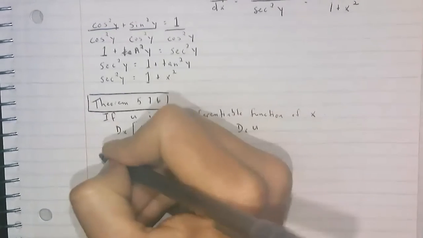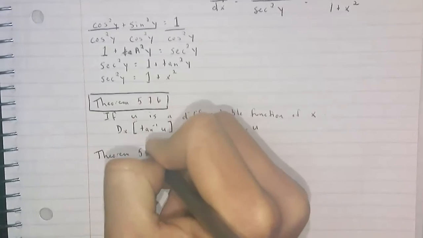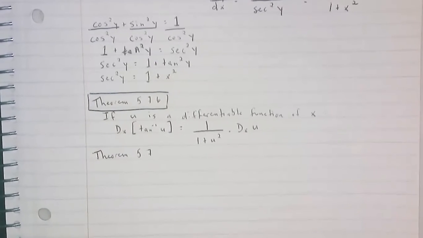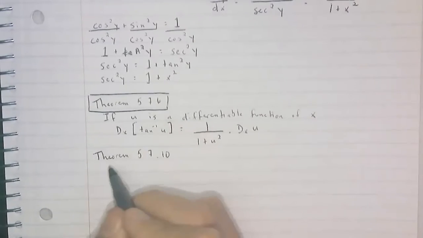But this will be theorem 5.7.10. We do kind of a weird order in the book.